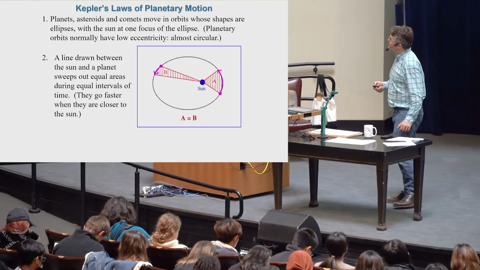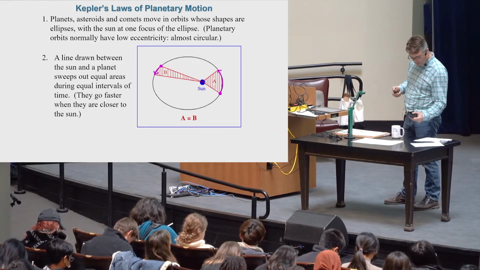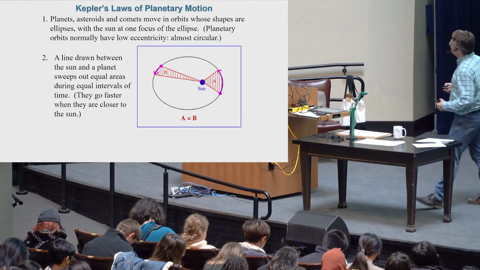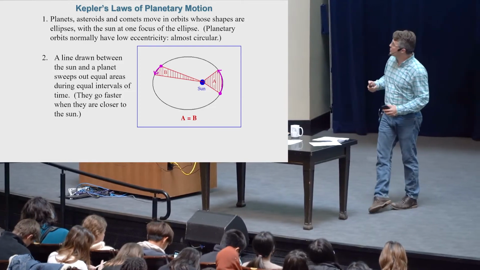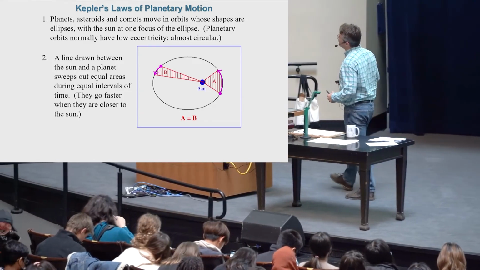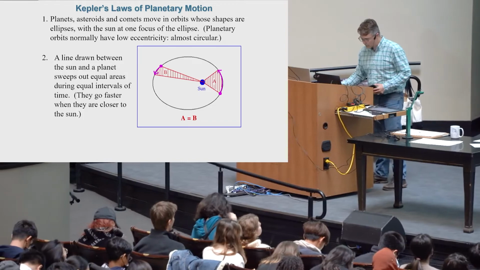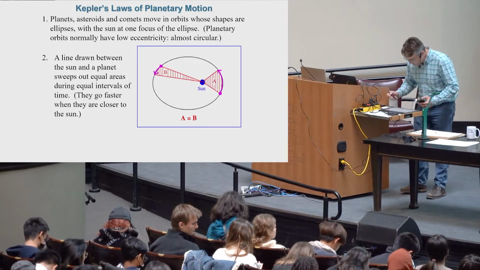The second one is a sort of weird mathematical property which has to do with the speed of the planet as it goes around. It turns out that a line drawn between the sun and the planet sweeps out equal areas in equal times.